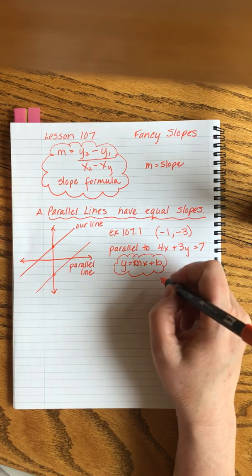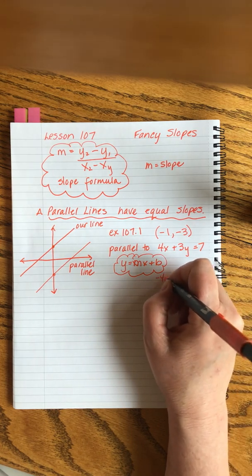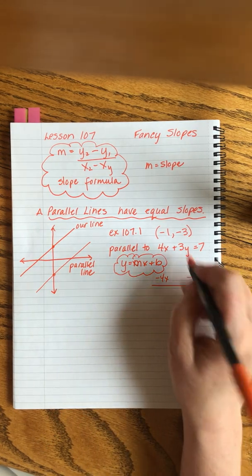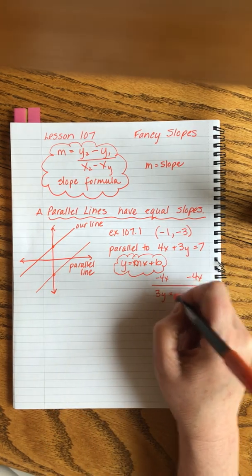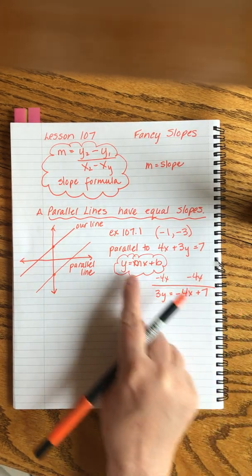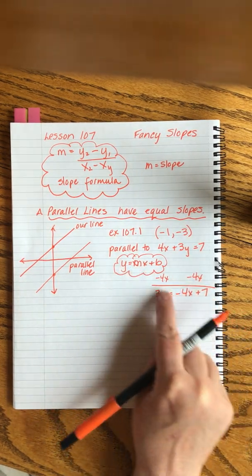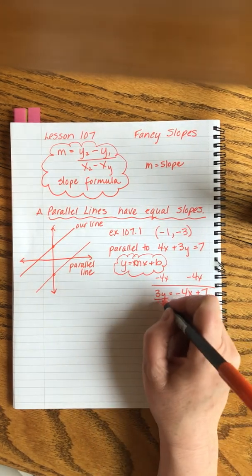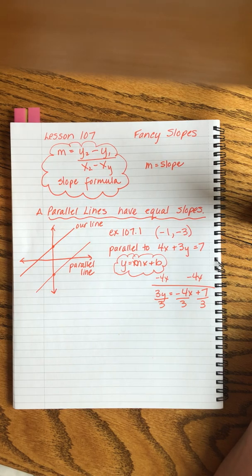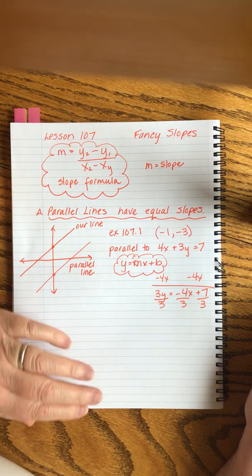So the first thing I'm going to do is subtract 4x from both sides, because I'm trying to get it in this shape, right? So then that gives me 3y equals minus 4x plus 7. I want to go ahead and put my x in that place because I want it to look just like this when I'm done. And then we divide everything by 3. And we're creating ugly fractions, but it's okay. That doesn't matter because we don't have to graph it.